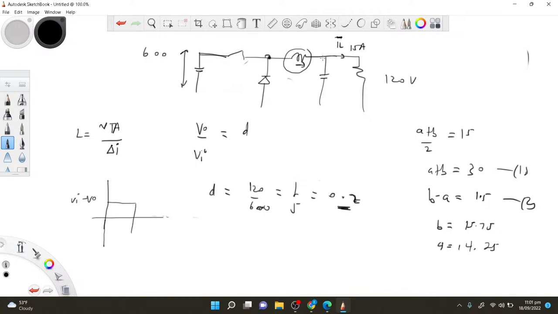So I'll just use this first area here. So my L is VI minus V out, that's 600 minus 120, that's the V times dt. D was gotten to be 0.2.